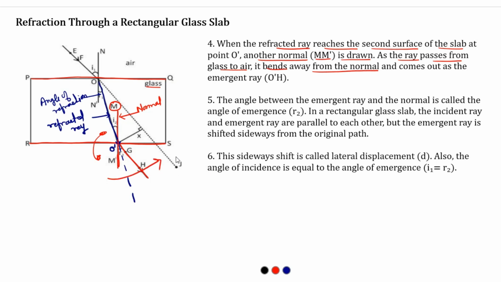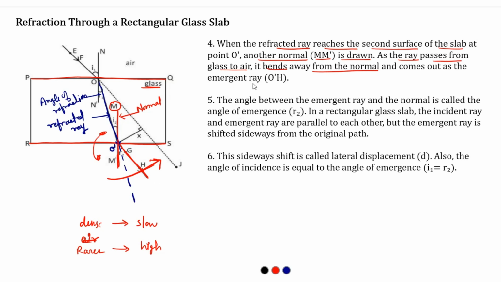And why does the direction change? It is again due to the speed of light. I told you inside the glass, because it is dense, the speed was slow. But once it comes outside, that is air, and air is a rarer medium, the speed again becomes high. So once it comes outside, it will try to cover more distance, and therefore it bends away from the normal. It goes away from the normal instead of going straight. I hope you are understanding.